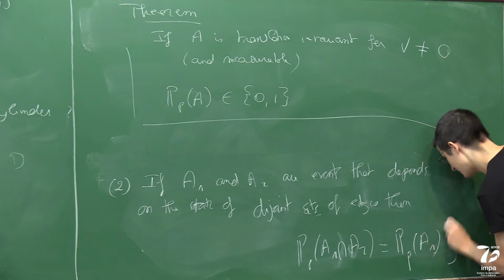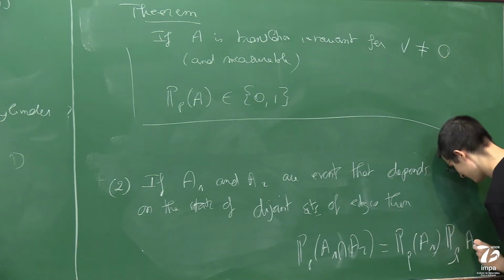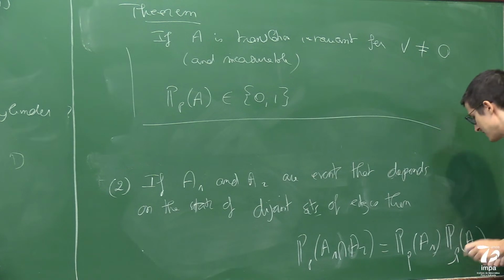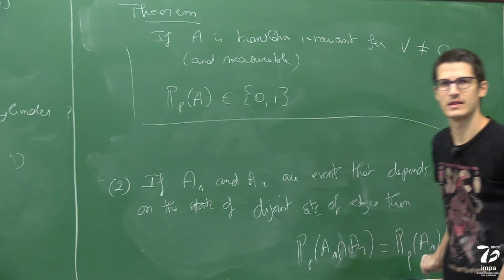If events depend on disjoint sets of edges, then they are independent.